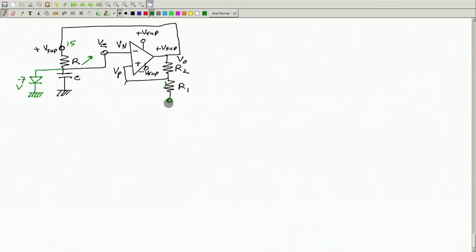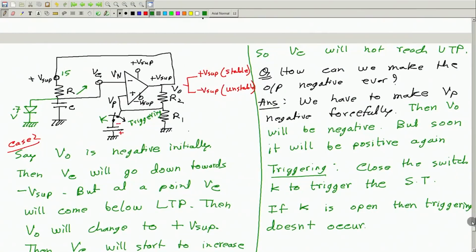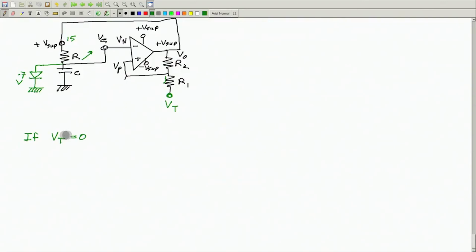Okay, say call this V T. Okay, and V T can be positive, negative, 0, anything. So now, if V T is equal to 0, then this is like grounded. This is the normal circuit that we had here. Okay, so V T is ground equal to 0.